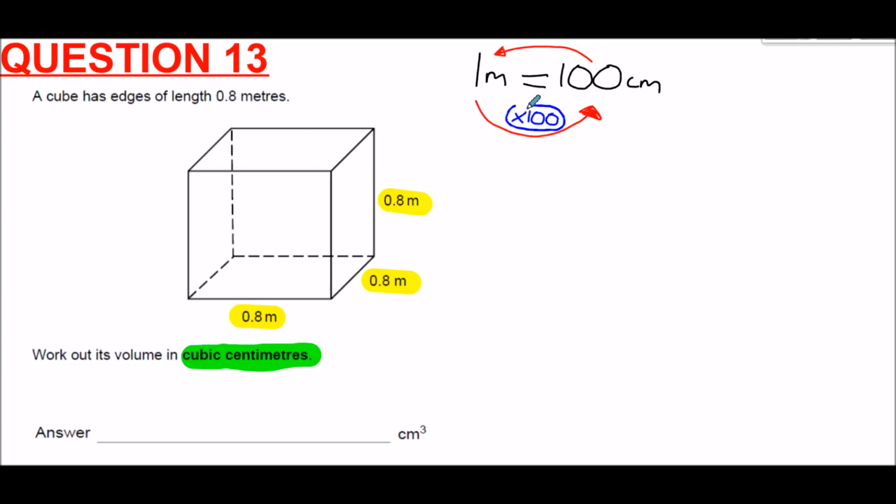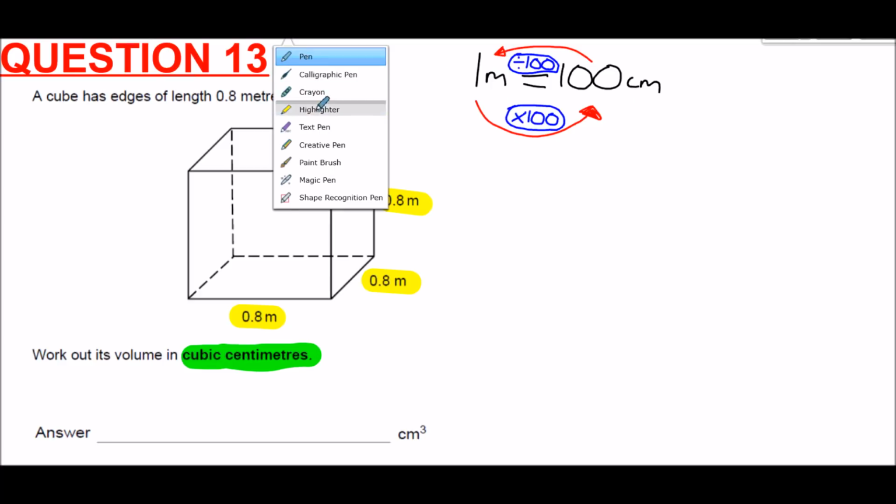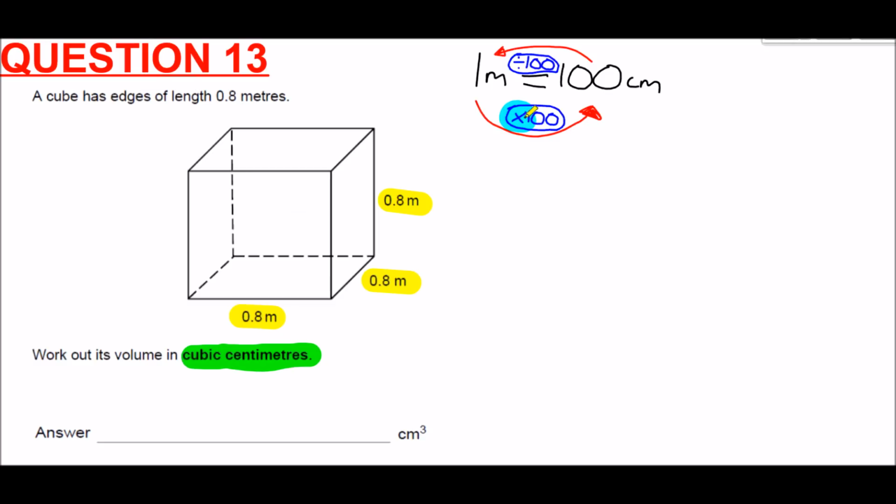Let's go the other way. From a biggish number to a smallish number, we're going to be dividing by 100. But in this case, we're wanting our answer in centimeters. So we want to change away from meters into centimeters. And so to do that, we're going to be multiplying by 100.